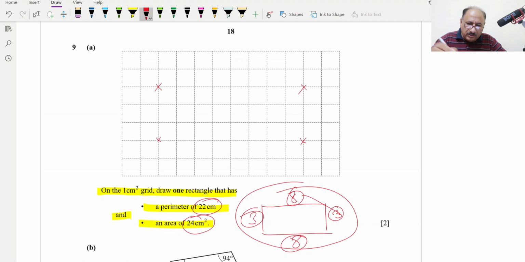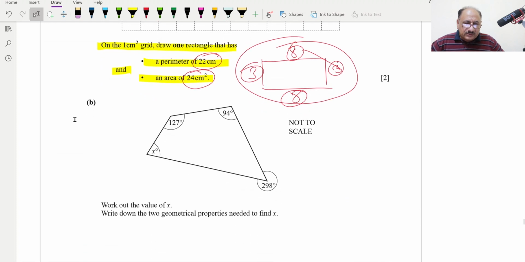So this will be the rectangle which we can draw, and if you check, area is 3 multiplied by 8, which is 24, and perimeter is adding up to 22. This is 3, this side is also 3, and this side is 8, and this side is 8. So this is done.